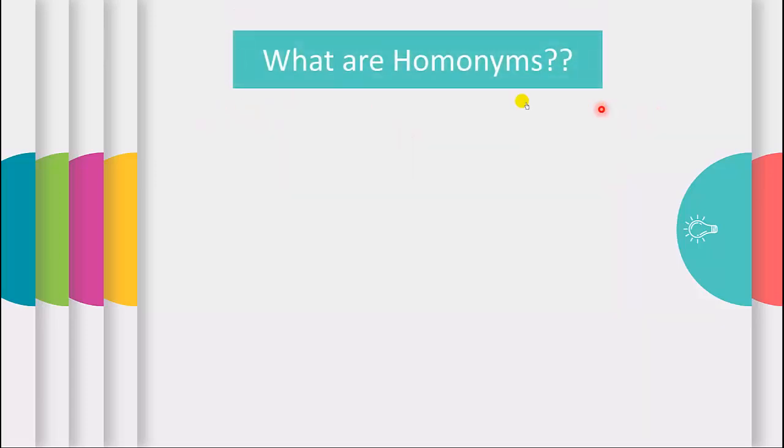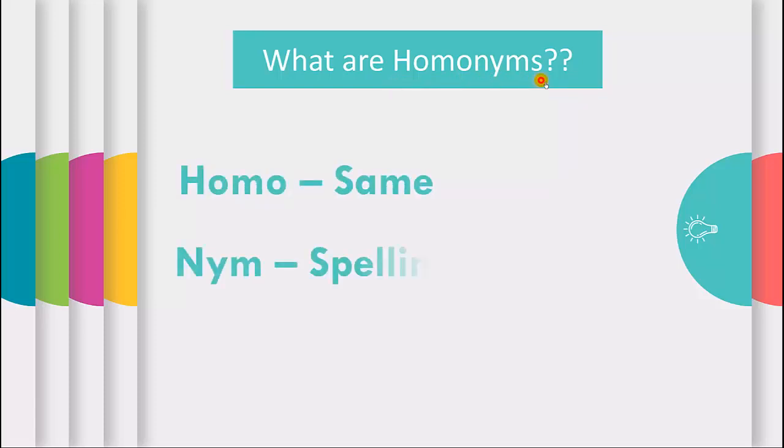What are homonyms? Homonyms, I'll just break it into two parts so I can make it easier for you. Homo and nyms. Homo means same as usual, and nym means spelling or name.